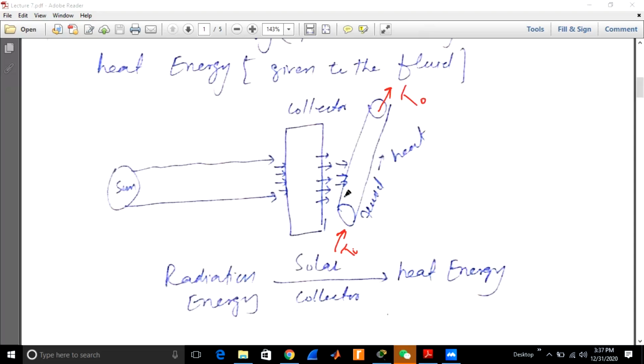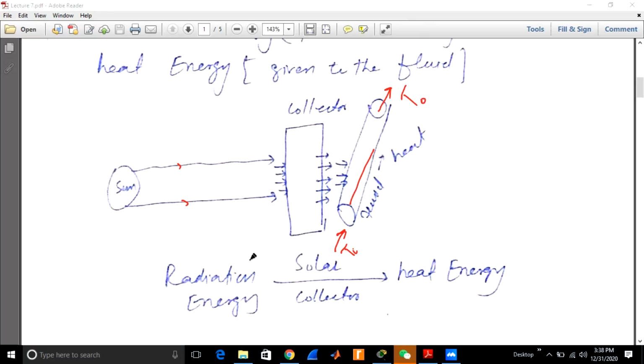T out must be greater than Ti, because the radiation that came from the sun is collected through the collector, and the collector gives the heat energy to the fluid flowing here. So the input temperature of the fluid will be lower and the output will be greater.